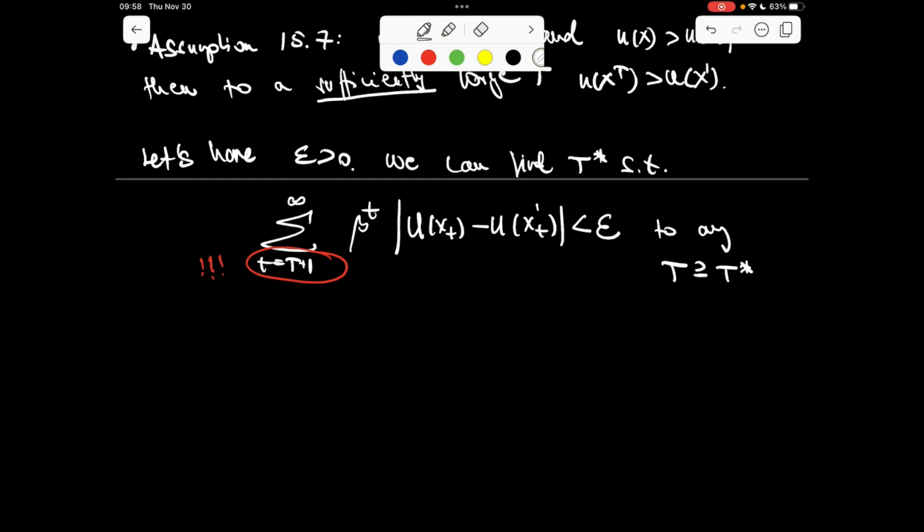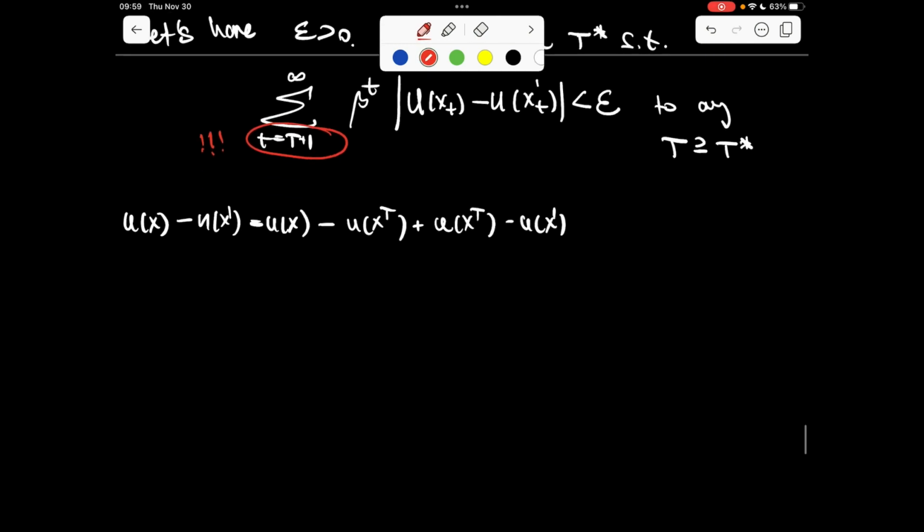So on this basis, we can say the following. So this is the overall utility of two different consumption paths, which remains the same if we add and subtract the same number. Okay, and please note that this part of the equality can be rewritten. This is a truncated sequence.